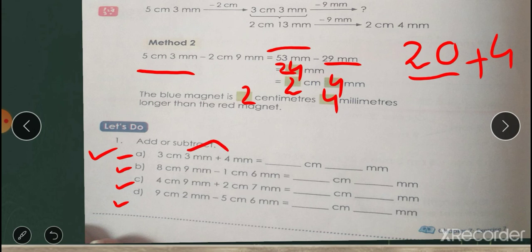As you can see, here we don't have any centimeter, so 3 centimeter would be the same, and if we add 4 to 3 millimeters, we would get 7 millimeters. So 3 centimeter 3 millimeter plus 4 millimeter equals 3 centimeter and 7 millimeter. The rest you have to do yourself.